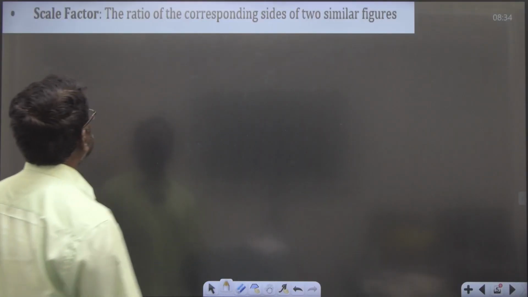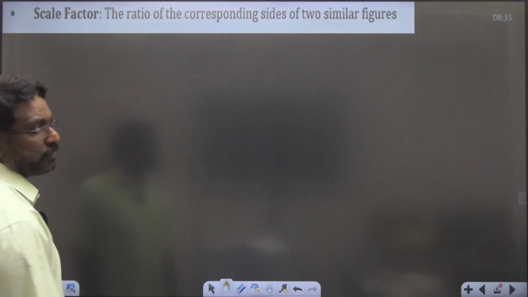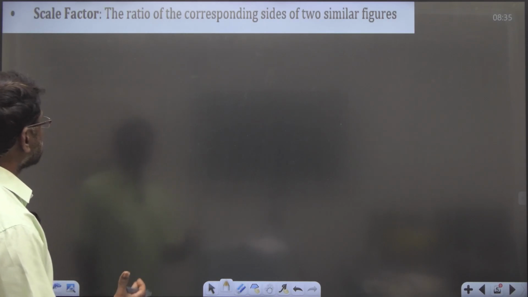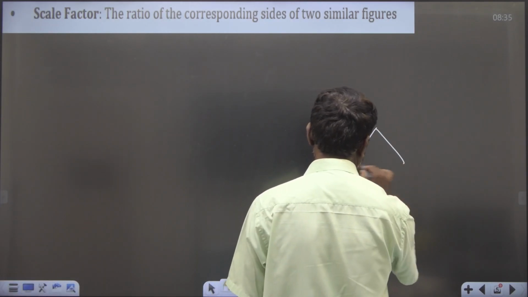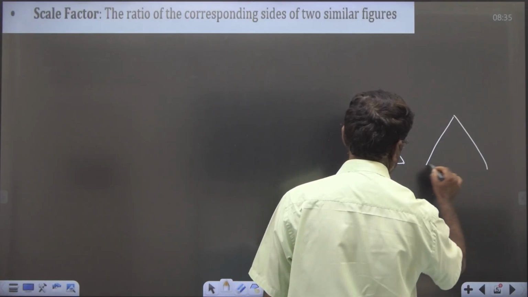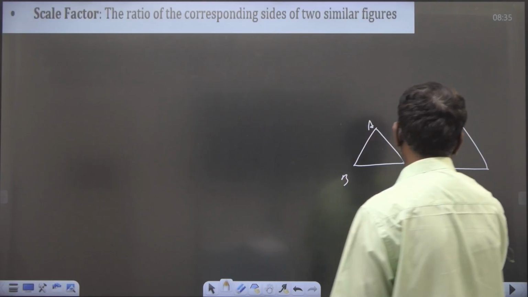Scale factor: the ratio of the corresponding sides of two similar figures. Suppose this is a triangle ABC, and this is another triangle PQR.